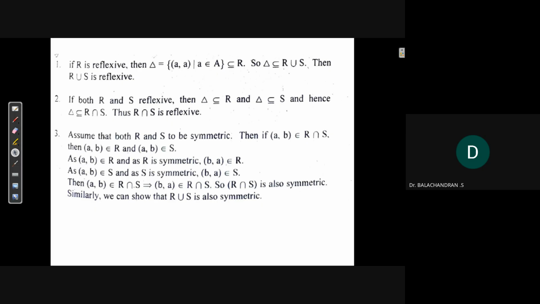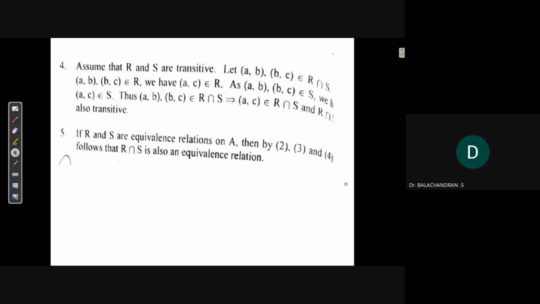Similarly, you can prove that if R and S are symmetric, its union is also symmetric.